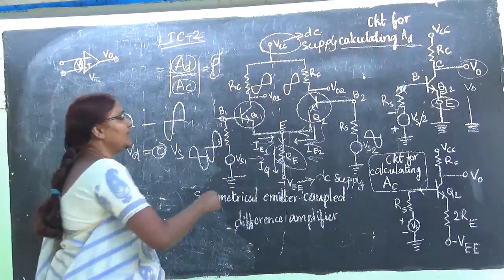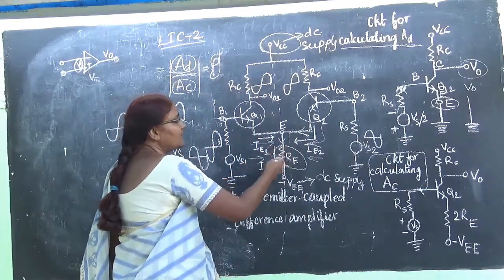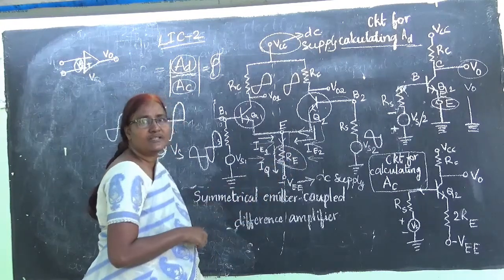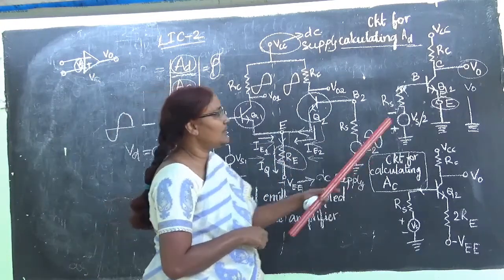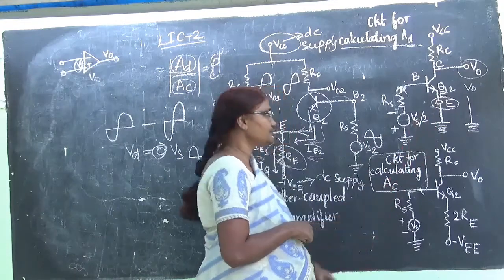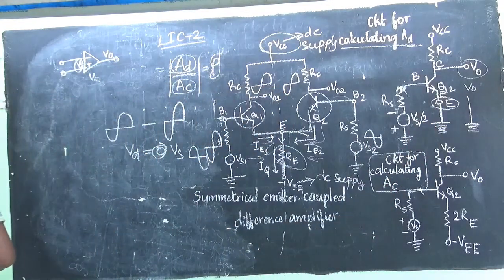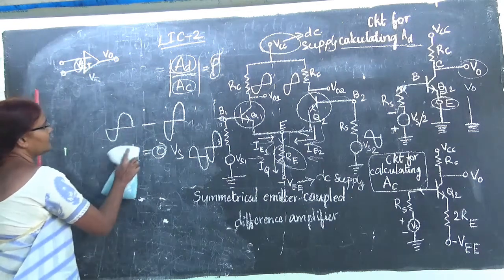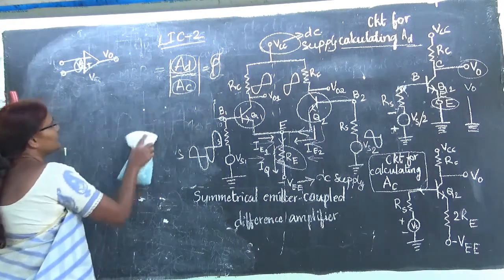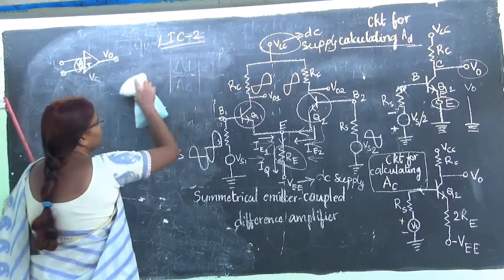So if emitter current is zero, then the voltage across this is going to be zero. So zero voltage is represented with ground. Next one. Now we will analyze this circuit. So this is the circuit to find AD.